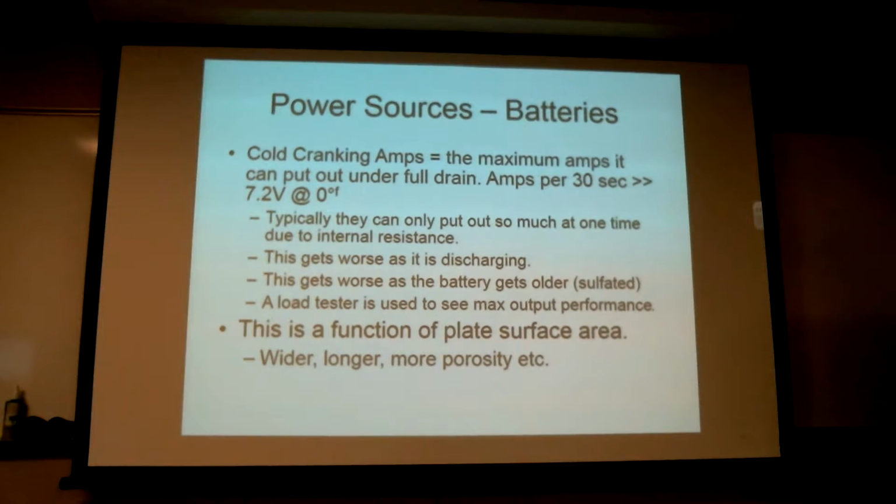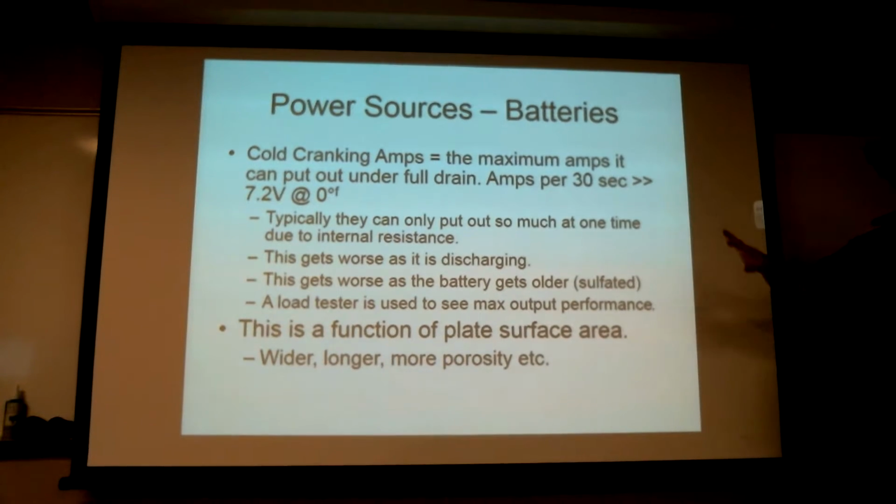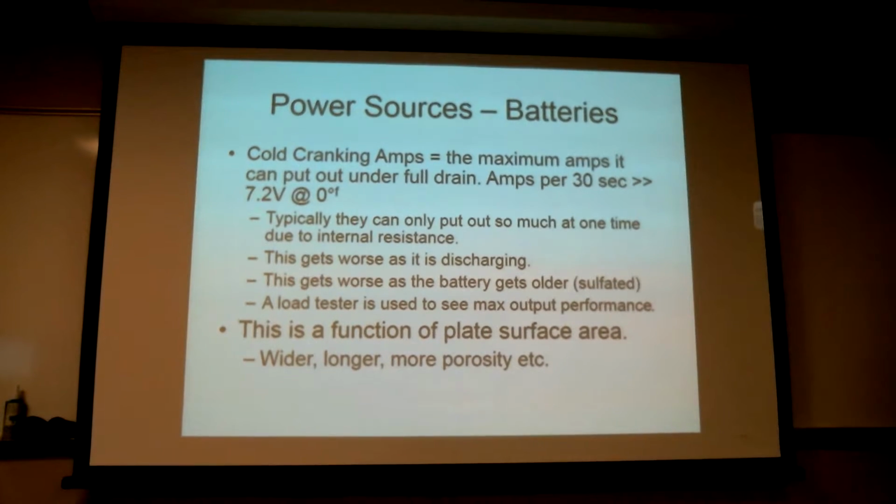So in the case of a battery used to run a starter, we're going to create some parameters. How many amps can this thing produce over a period of time without dropping below a voltage at some various temperature? Now, I threw these out there because one of the standards that exist picks 0 degrees, picks 30 seconds, picks the floor of 7.2 volts.